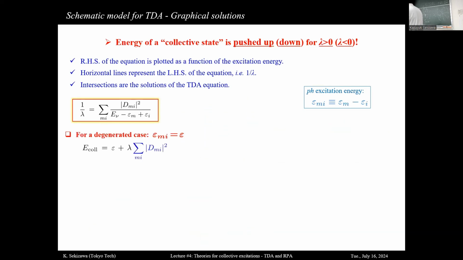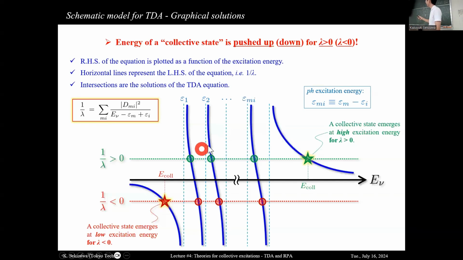Okay, now let me explain a bit more. So what is this collective energy? To explain this, we consider a more simplified case where all states are degenerate. I showed many possible excitations, but now I assume that those particle excitations are degenerate.